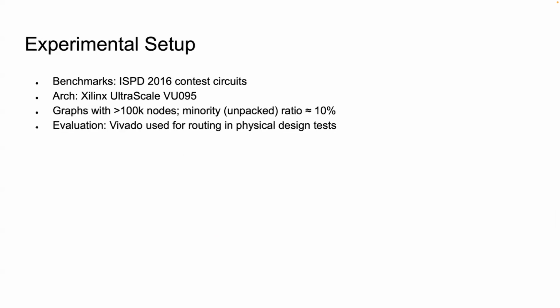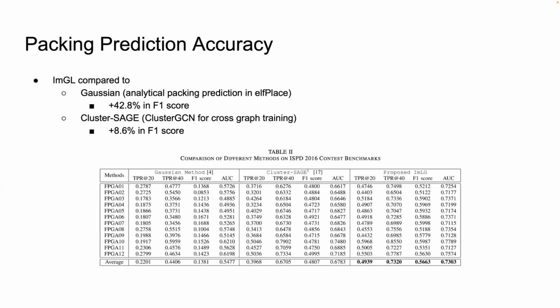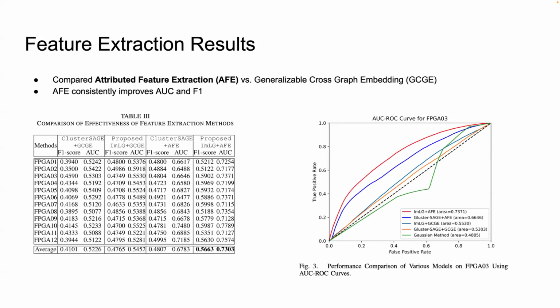Their F1 score and area under curve are highly improved, but we will come to the impact on the quality of results later. And secondly, they compare the feature extraction results. The one I mentioned, AFE, is the attributed feature extraction, and they compare it with the generalizable cross-graph embeddings, GCG, which comes from another routing estimation paper.